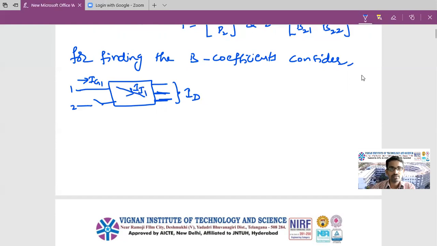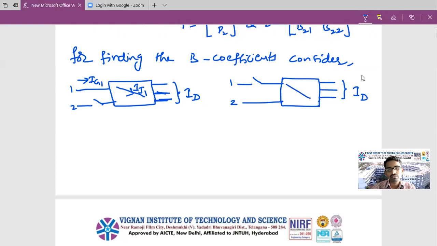The generator current is Ij1. Next, in the other diagram, only generator 2 is supplying, to the different loads with load current Id, and the current supplied is Ij2, the current of generator 2.